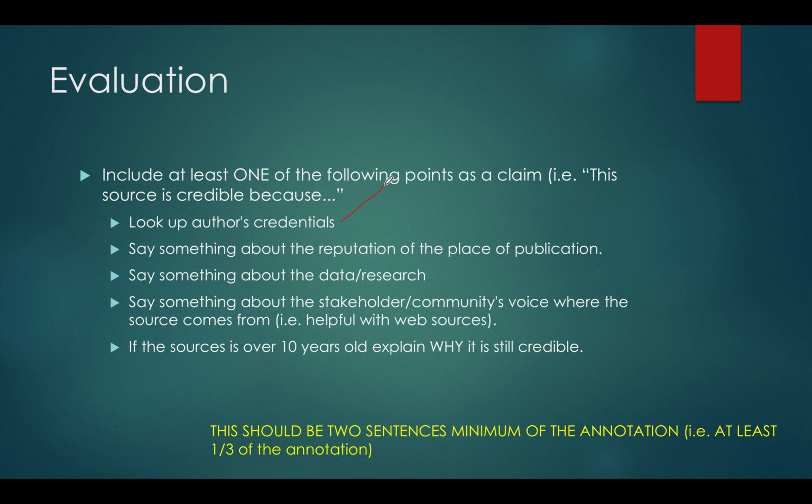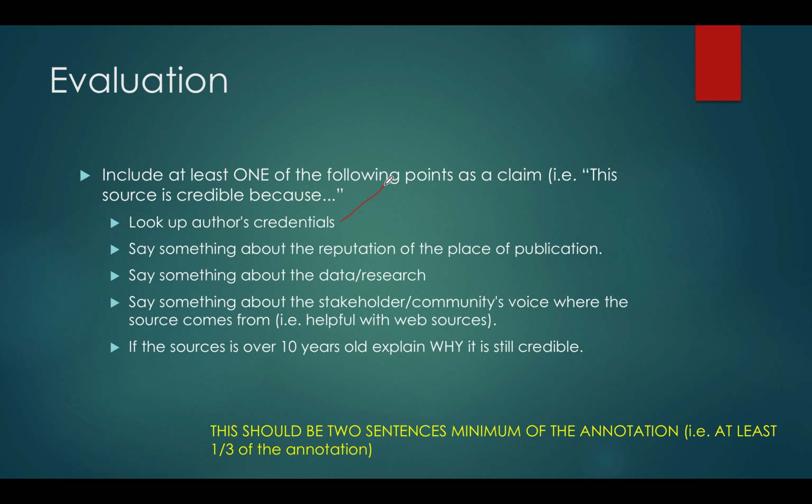Great, say that. This source is credible because John Smith is a Harvard professor who has been publishing on drug crime in America for 20 years. His other titles include, and list them off with dates. Those are 2 clear sentences that say one of the reasons why this source is credible.